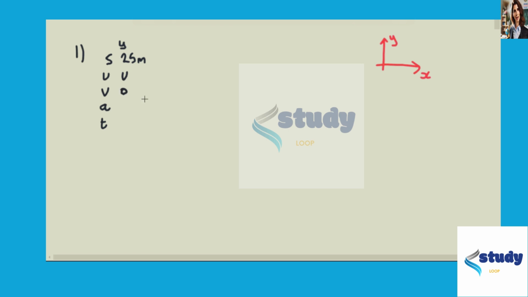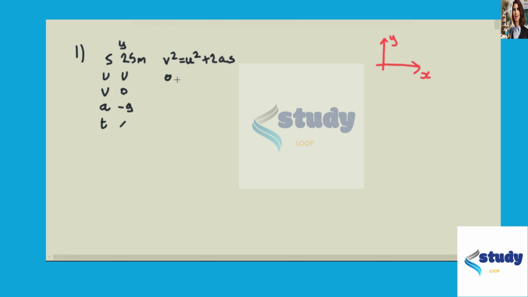And if it can reach the top, we'll assume that it reaches the top exactly when the arrow has slowed to a stop. Vertically, the acceleration is obviously negative g, g being 9.8, and t is irrelevant.